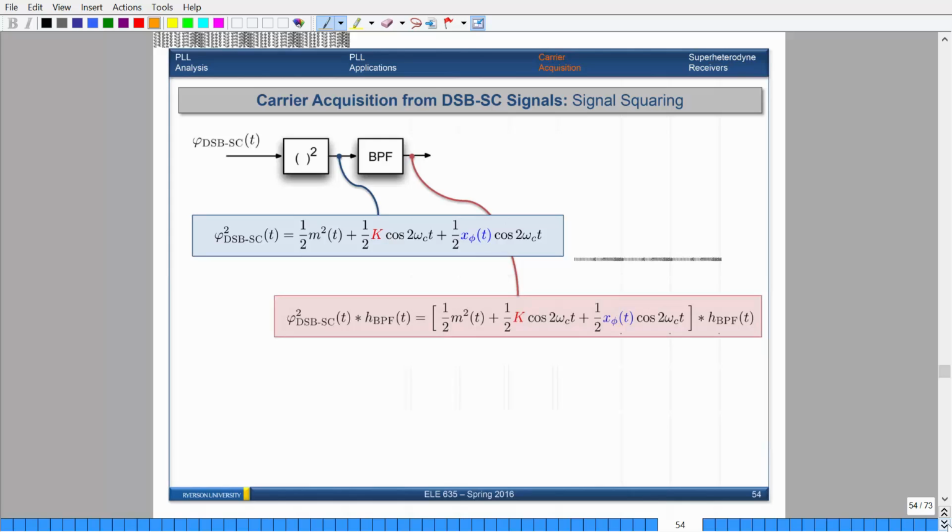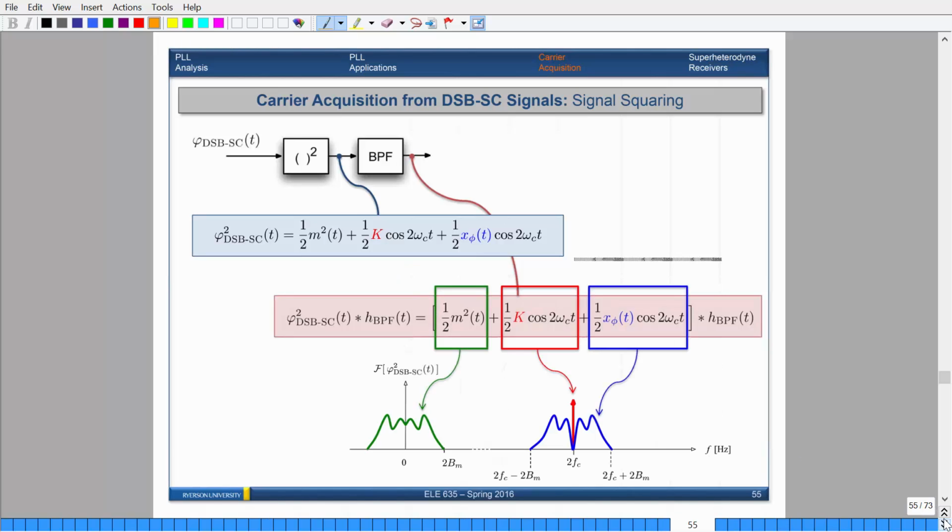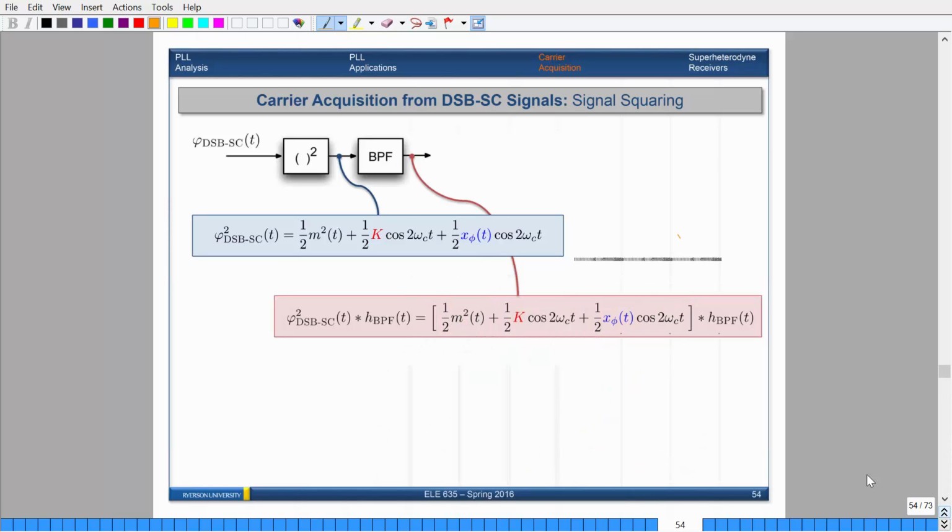So we square it first, and then what we're going to do now is apply a bandpass filter, so that we can filter out anything that is outside a certain range, right?